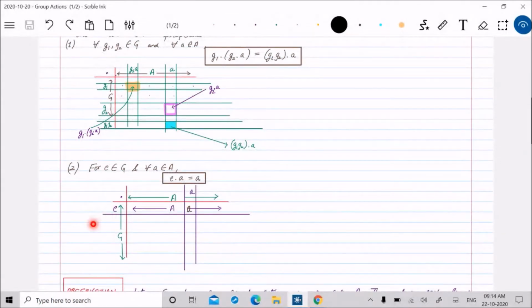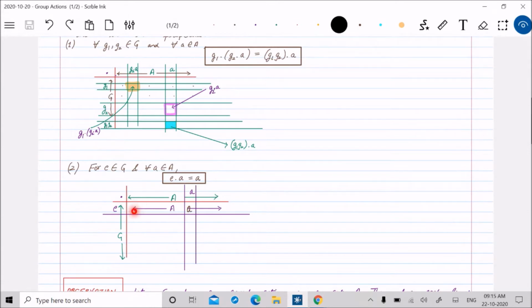And if you see the composition table of group action, it means that the top row is for capital A. The elements of capital A are listed here in sequence. That should be identical to this first row. Since the first row corresponds to the identity of group G, here you write the elements of group G, and here you write the elements of set A in sequence.